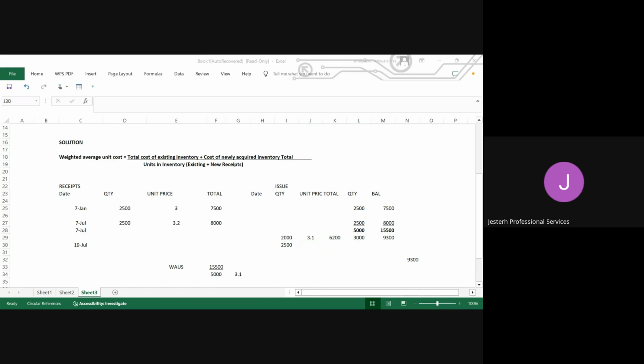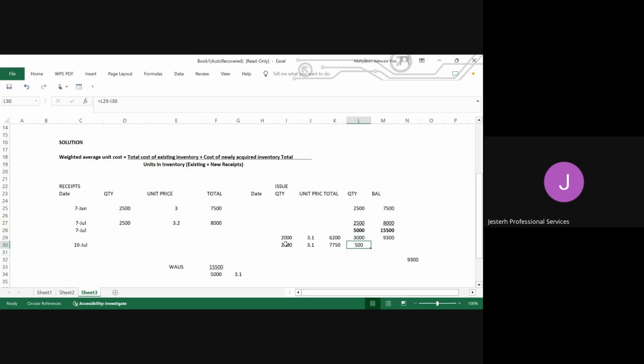So what you are just going to do is just put your 3 naira 1 kobo here, then you multiply it in order to know the total value of what you issue out. Now the total value of what we issue out now is 7,750 naira. Now we come here, we'll say this 3,000 minus 2,005.